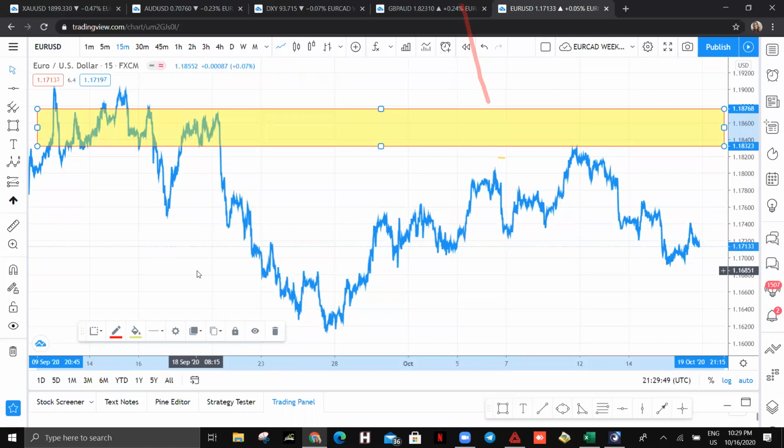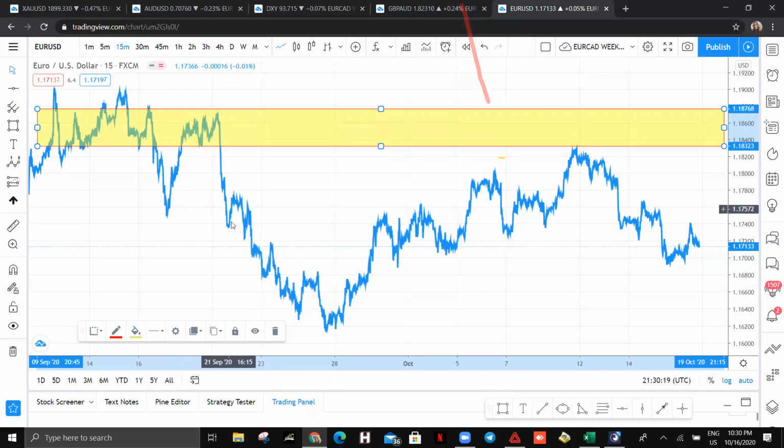So which other zone is visible now that something is happening? You can see here, something is happening here too. You can see all these places. Now remember I told you, when you're drawing your zone, you go from the beginning of the pullback to the end of the pullback, right?